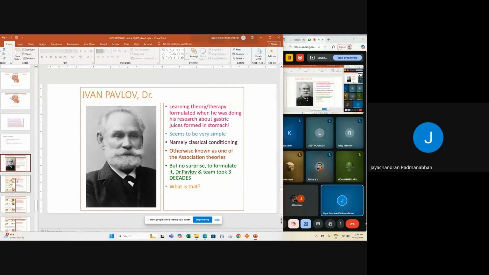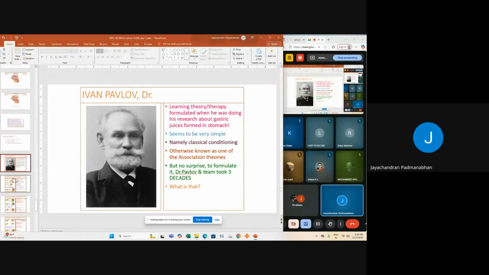So the learning process, what is the importance of nurturing of a child, adolescent, youth, a person who is seeking employment, or in the case of a geriatric person, how the behavior can be changed. That is the important thing.